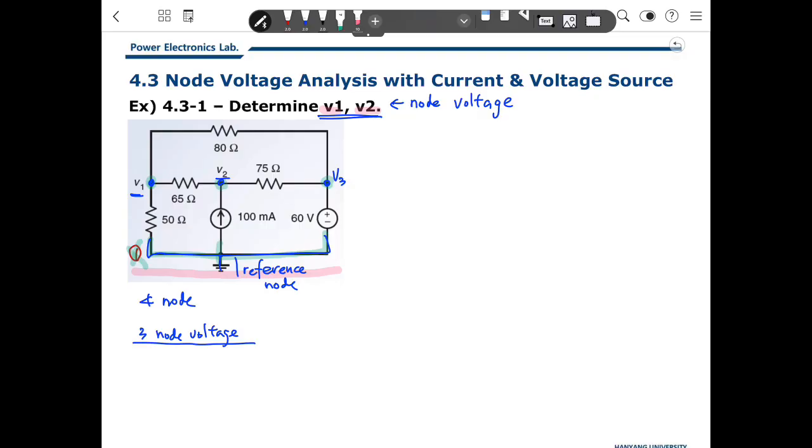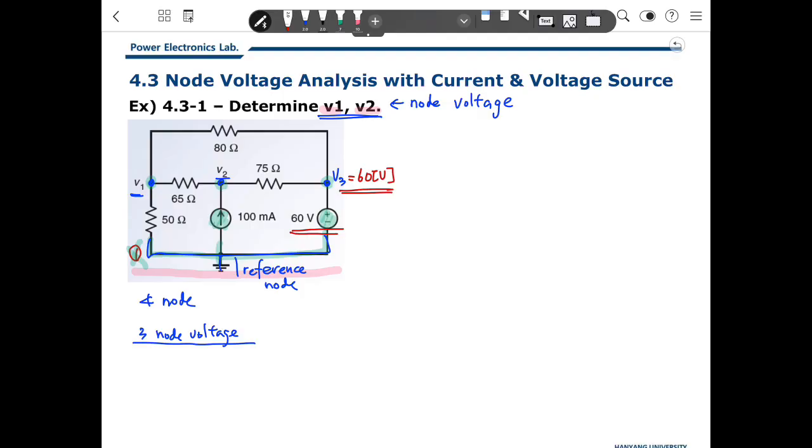The first is this voltage source. The second is the current source here. Because of this voltage source, we get V3 exactly 6 volt. This is how to use the voltage source when the system has a voltage source here.